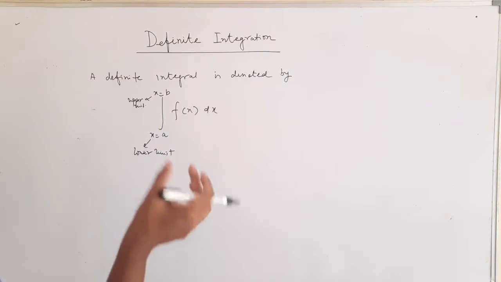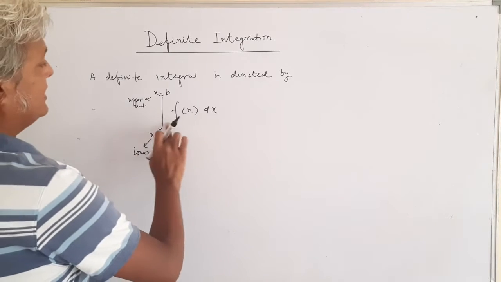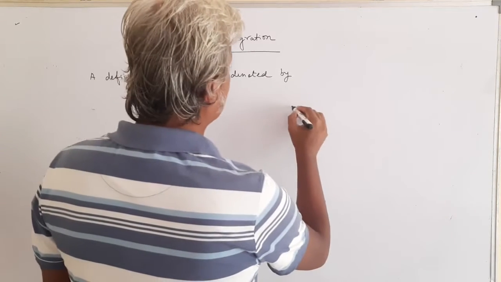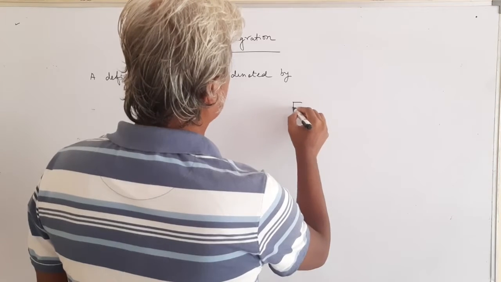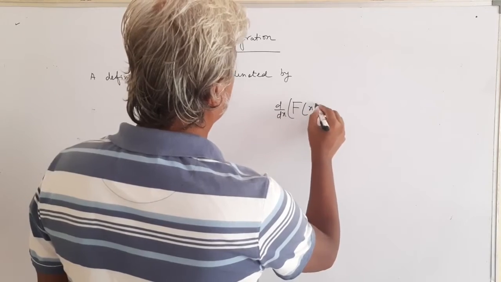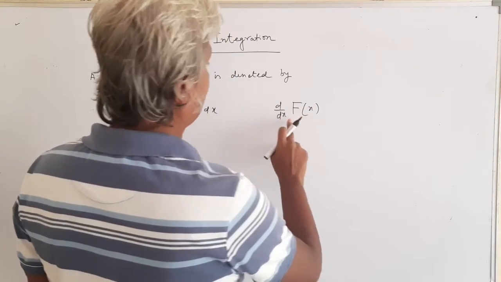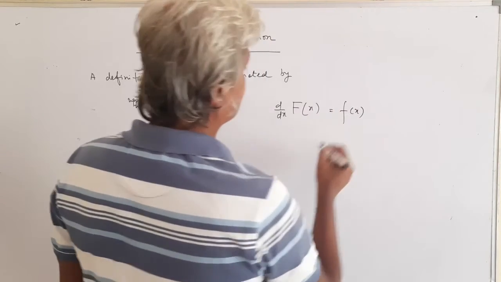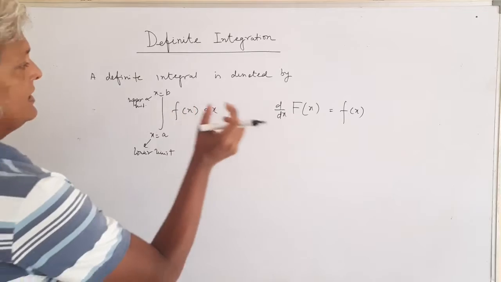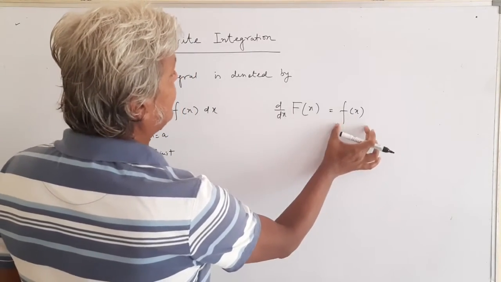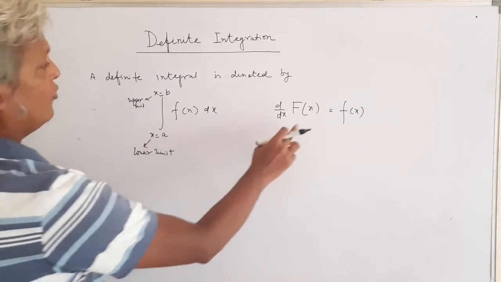Now you know that f(x) is a function, and that is obtained by integration of something. So suppose I say that d by dx of capital F(x) is small f(x), then the antiderivative of f(x), that is the integration, will be this capital F(x).